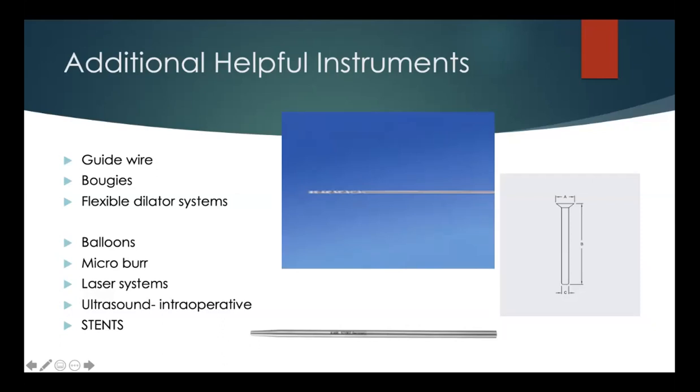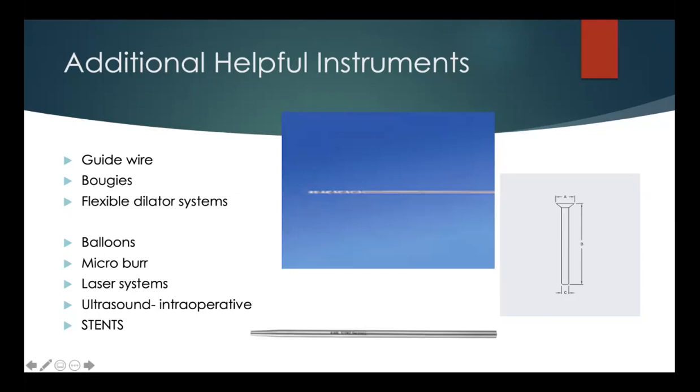If you could see, there's just a hollow metallic tube with a conical tapered end, and it's hollow, so it can really slide over your guide wires and achieve that dilation effect. Of course, there's a drawback of it being a blind procedure, but yes. The same thing comes in a flexible system as well, where there's a lesser chance of a traumatic injury to the duct.